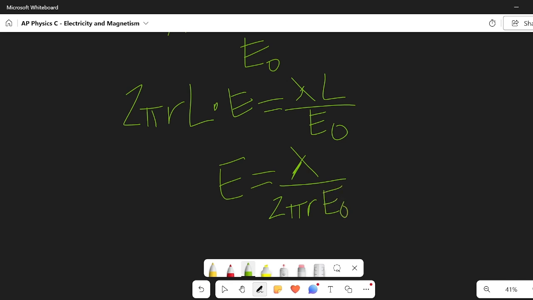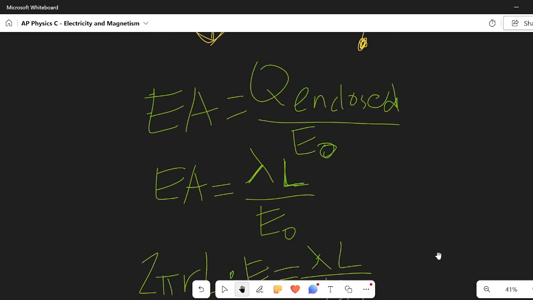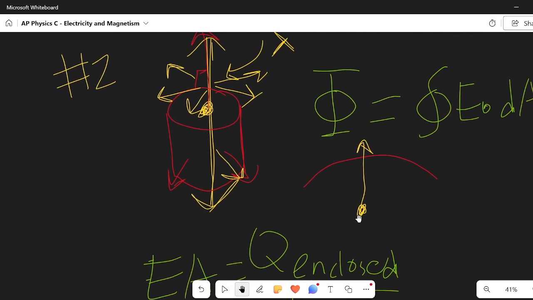And with this formula, you'll notice we still have an r. But in this case, the r is necessary because the electric field will vary based on how far you are from this line. Remember, we learned that. So the r is not just the radius of this cylinder.